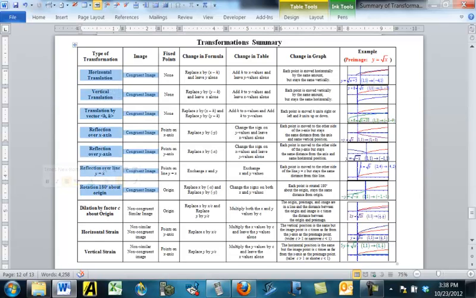In general, the types of transformations that give you congruent images are, well, the identity transformation that doesn't do anything, and then the translations, rotations, reflections. There's another thing called a glide reflection, but all it is is just a translation and then a reflection after that.